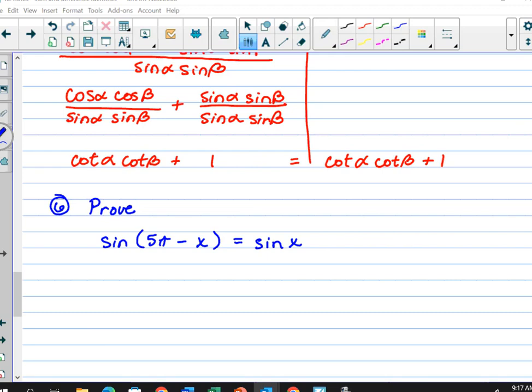Okay, evaluate that. If you're on sine 5 pi, cosine x is minus cosine 5 pi. Sine x is plus cosine.